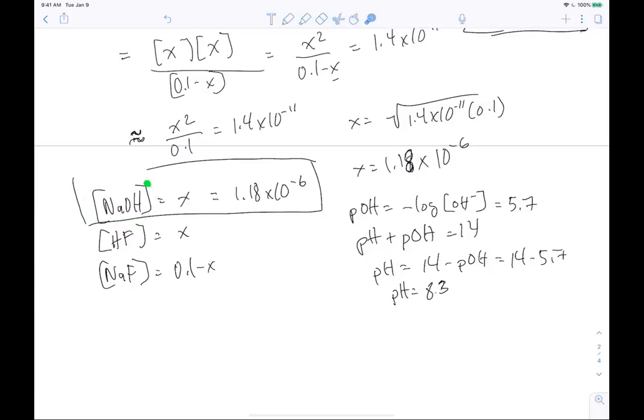You'll notice here I'm writing this as sodium hydroxide, and over here I'm using the hydroxide concentration. What I'm saying is the sodium hydroxide concentration is equal to the hydroxide concentration, which is equal to x. So this went in here.